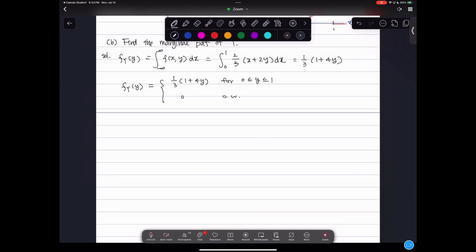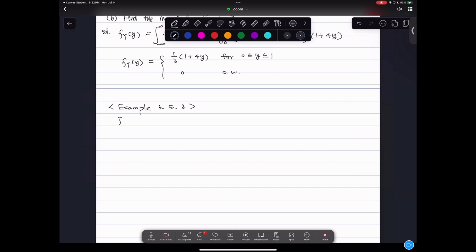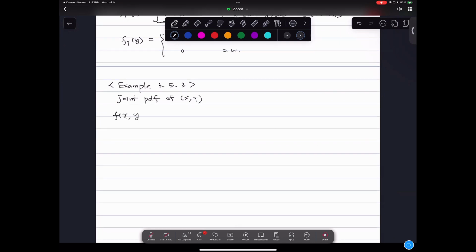Let's get you the example in the book. It is example 3.5.3 in the book. So a joint PDF is given, and the function looks like this, f(x,y) is 21 over 4 x squared times y, for x squared is less than or equal to y, and y is less than or equal to 1, and 0 otherwise.